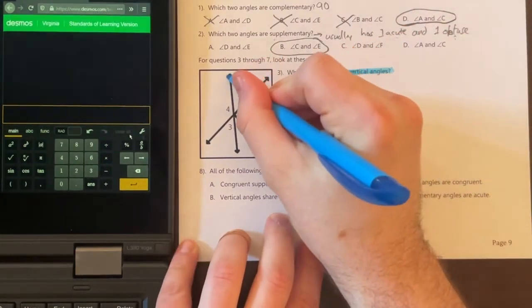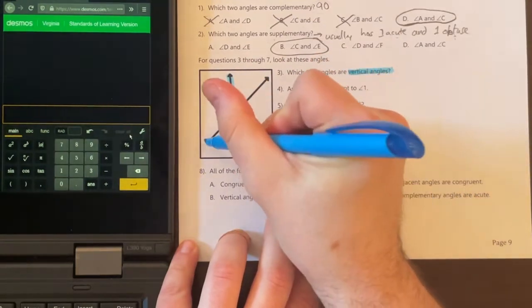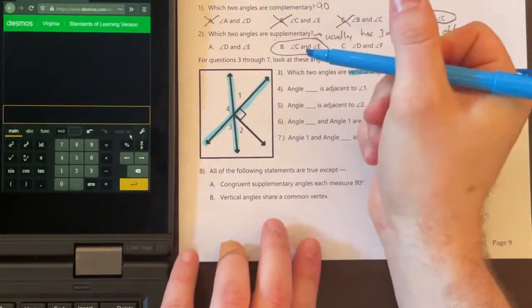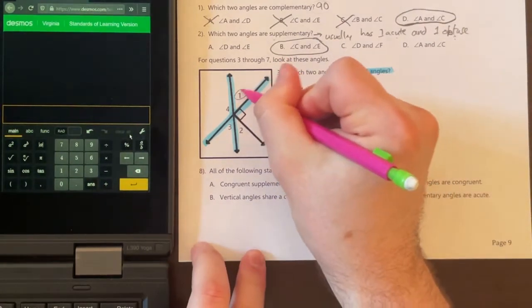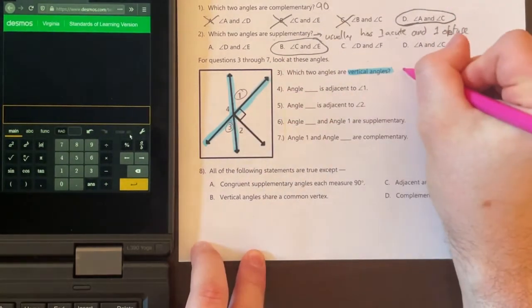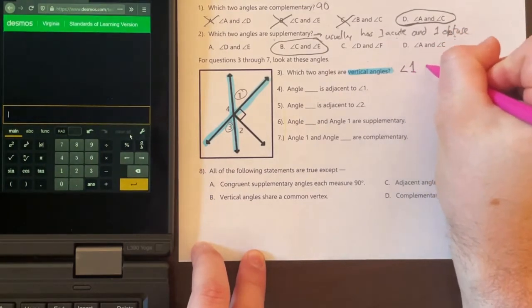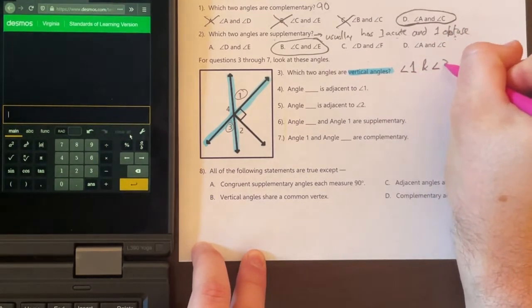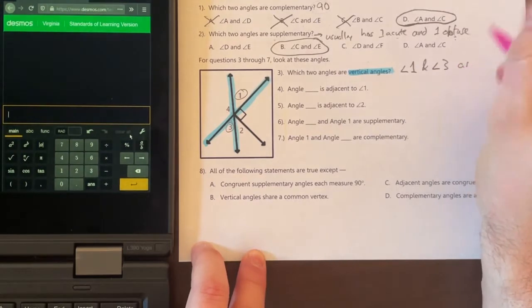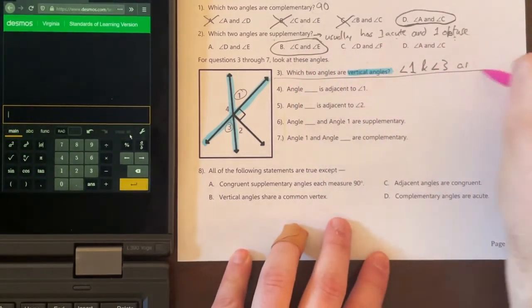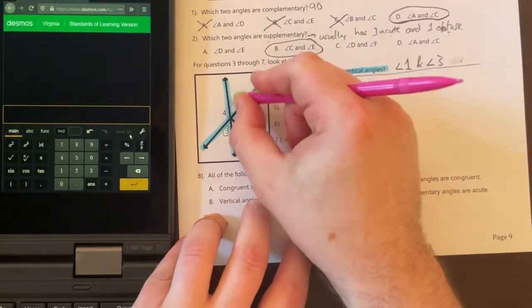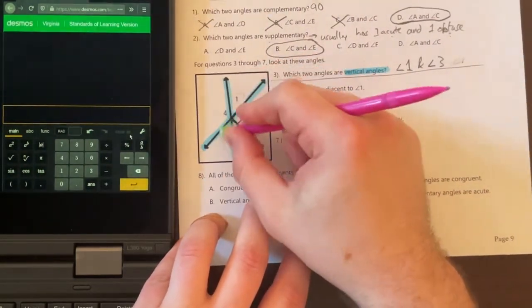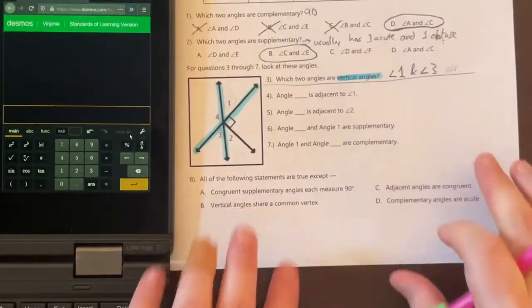I can notice and have my X here. And if I'm looking at that X, I would say, hey, angle 1 and angle 3 are vertical angles. So I'd say angle 1 and angle 3.